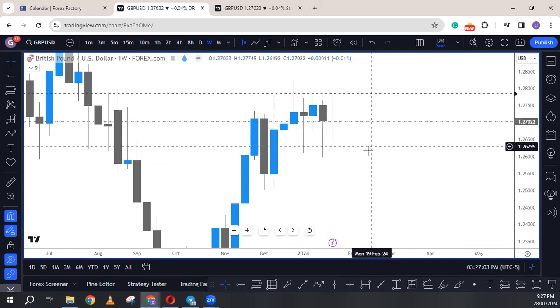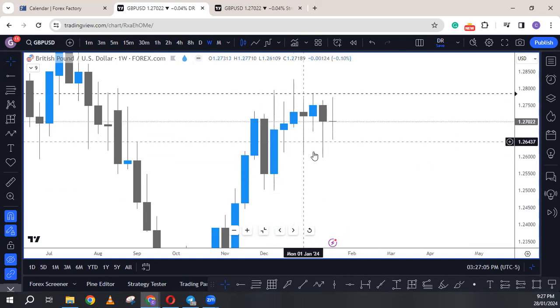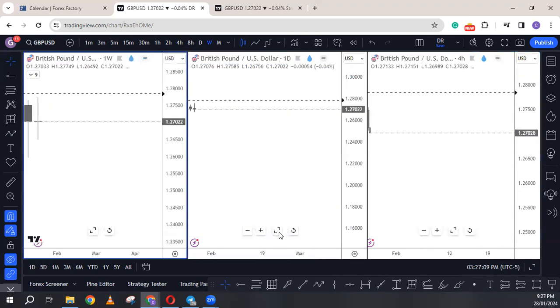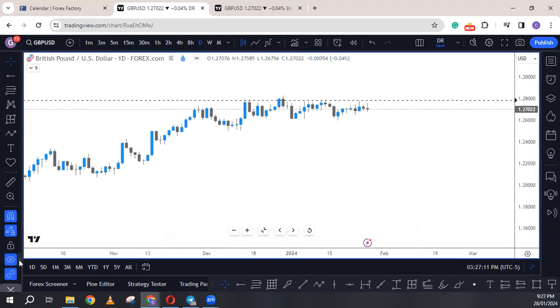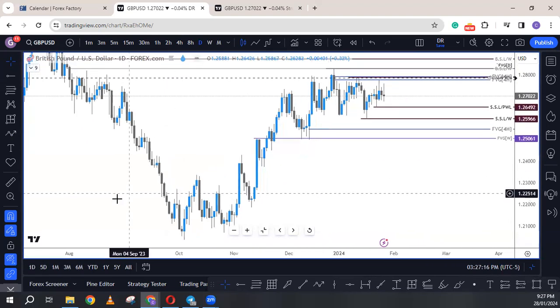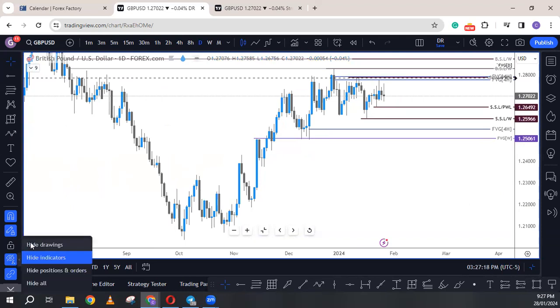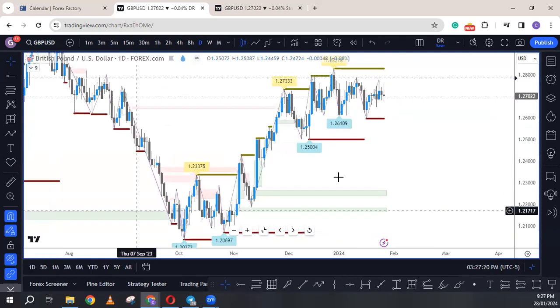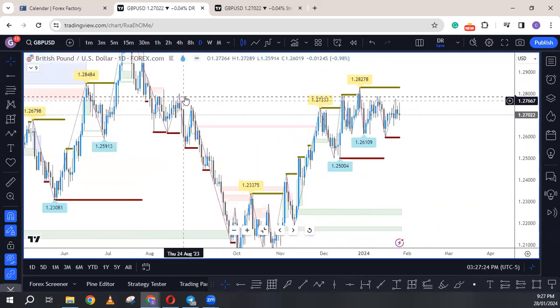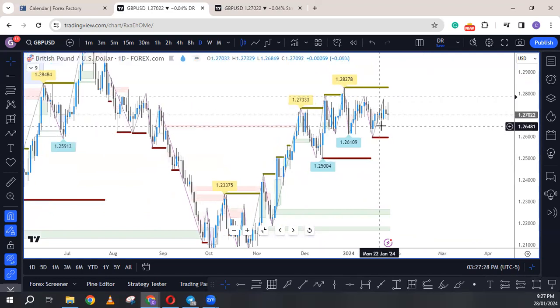So it's in a consolidation, as you can see, weeks to the upside, weeks to the downside, a very ugly price movement. So if we go into the daily, and I pull back my indicators, and not my drawings, we can basically see price is at this structure point here, and it's in a consolidation.